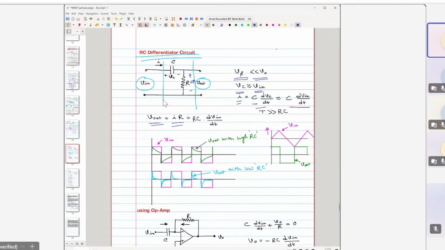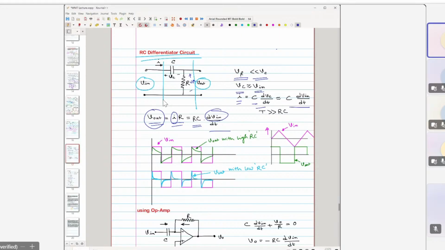V out is nothing but the IR voltage drop. So just substituting the expression of I, we get RC dV in by dt. So you see the relation between input and output. The output is proportional to the derivative of V in. That's what a differentiator does, right? So basically this circuit works as a differentiator.